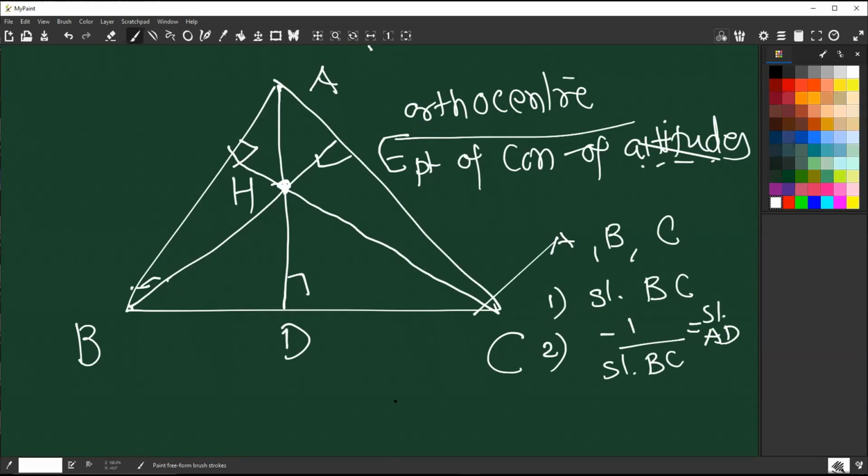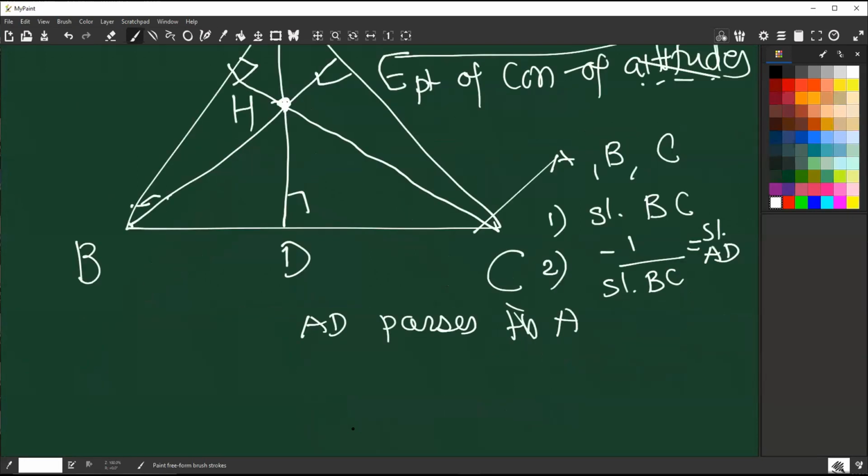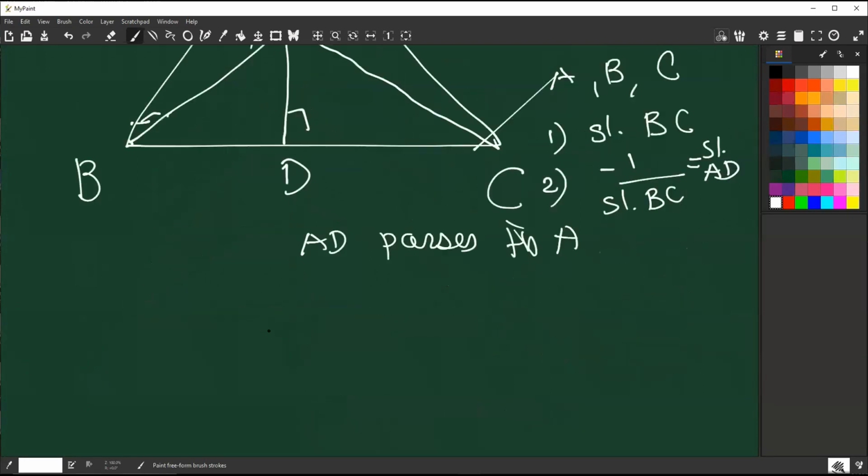So I know the slope of AD, and AD passes through A. Taking A as (x1, y1) and the slope of AD as m, get the equation of AD in point slope form.